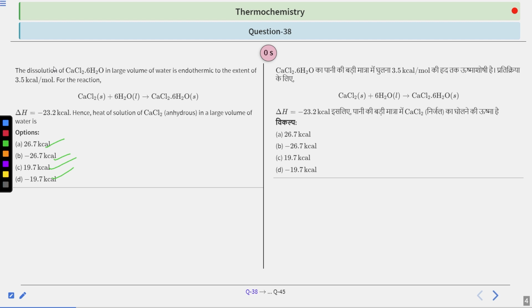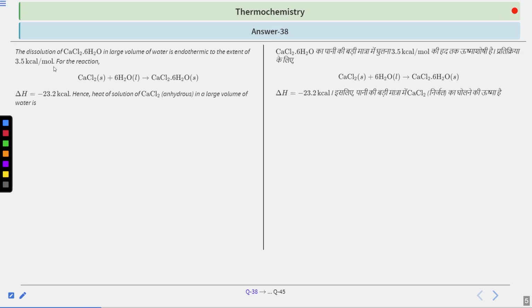Okay, your time is up. Let us see what is the solution. First of all, let us try to understand the question. The question is saying that when we dissolve CaCl2.6H2O in a large volume of water, 3.5 kilocalorie per mole of energy is released.